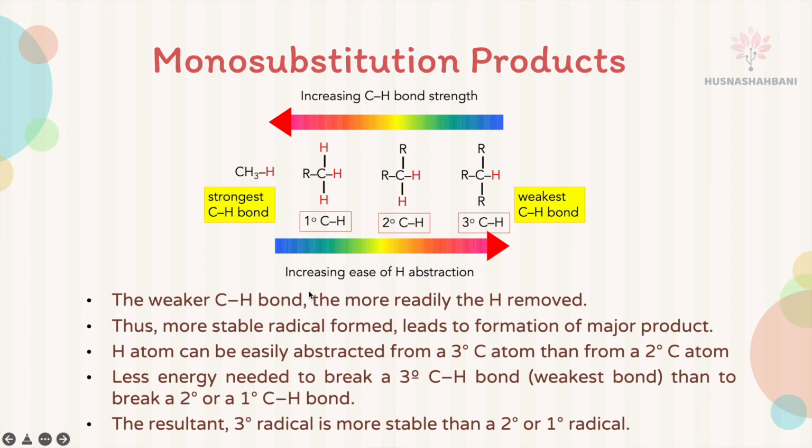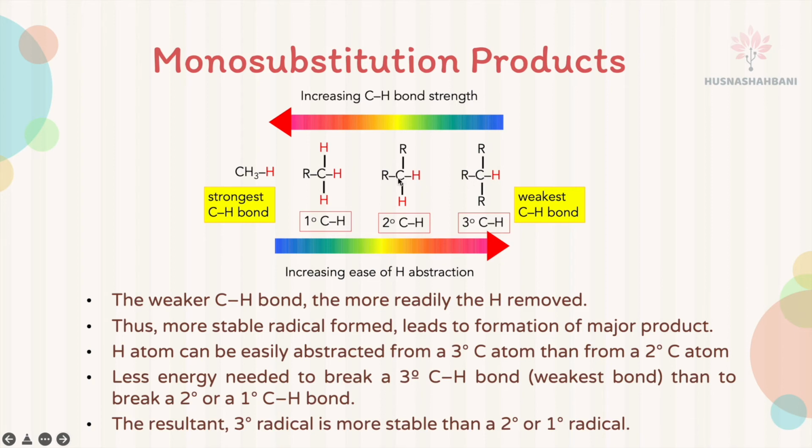The weaker the carbon-hydrogen bond, the more readily the hydrogen is removed. So the tertiary carbon prefers to lose hydrogen; it is more readily removed. The hydrogen is hardest to remove where the CH bond is strongest. Thus, the more stable radical leads to formation of the major product. When the tertiary carbon loses one hydrogen, it becomes a carbon free radical, the most stable free radical.